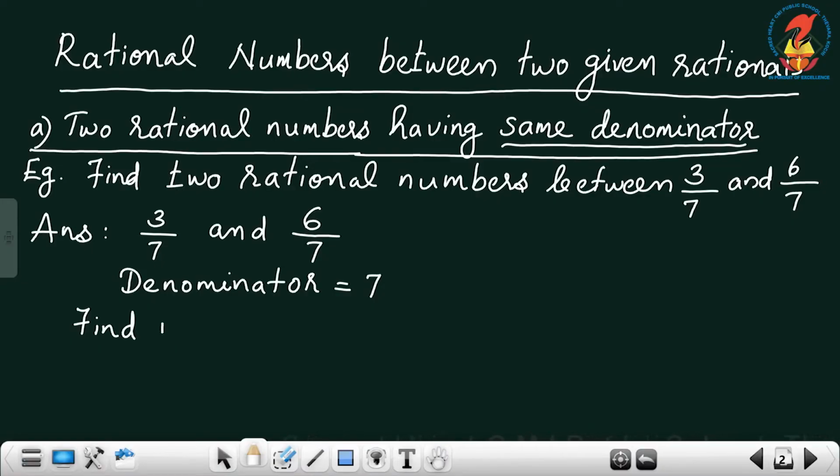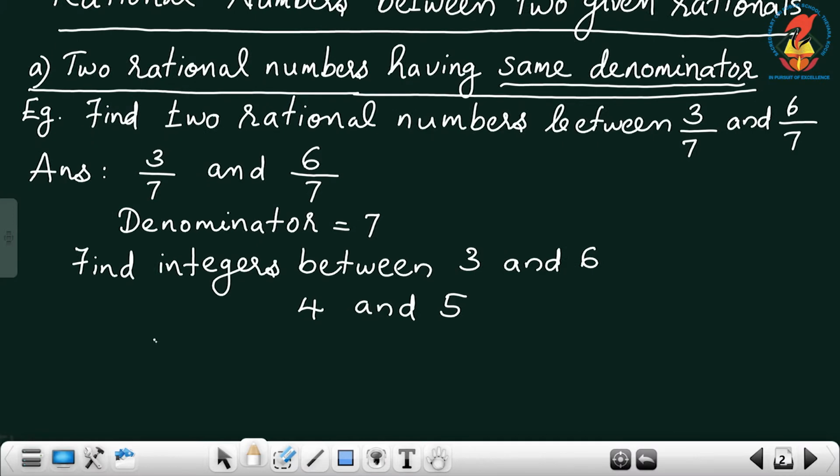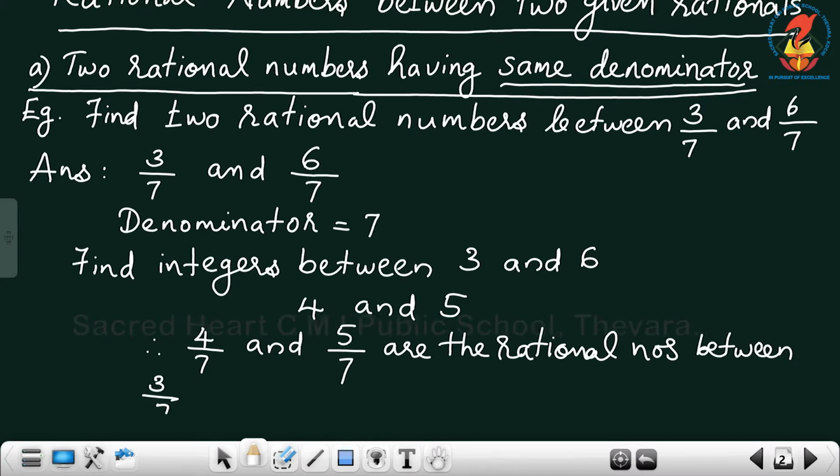Find integers between 3 and 6. 4 and 5. Therefore, 4/7 and 5/7 are the rational numbers between 3/7 and 6/7.